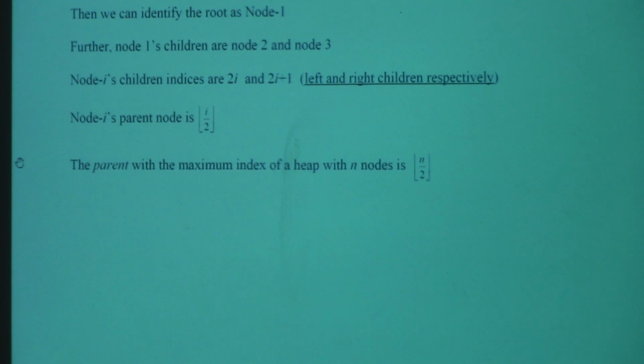So if I take the number of nodes in the heap divided by 2, take the floor of that, I can say that no parent has a higher index. So the parent indexes on the heap are 1 through the floor of n over 2. Those are the parents.